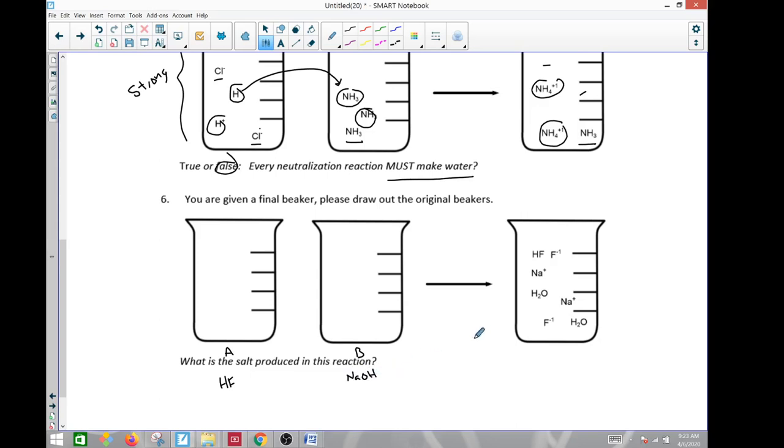Okay, so they're going to form, in this case, F negative and water, right? And of course, you could do NaF if you want to show a molecular version.